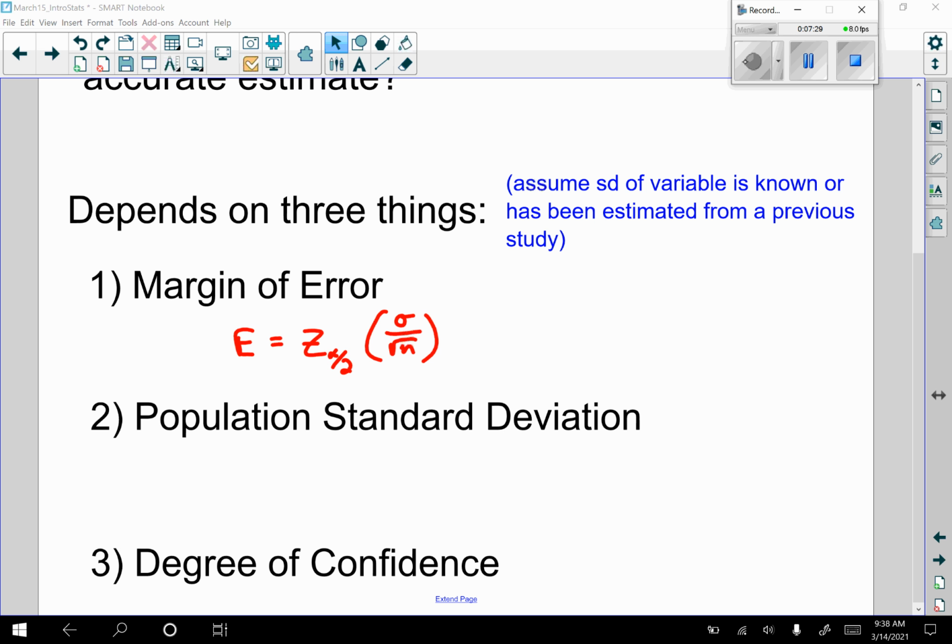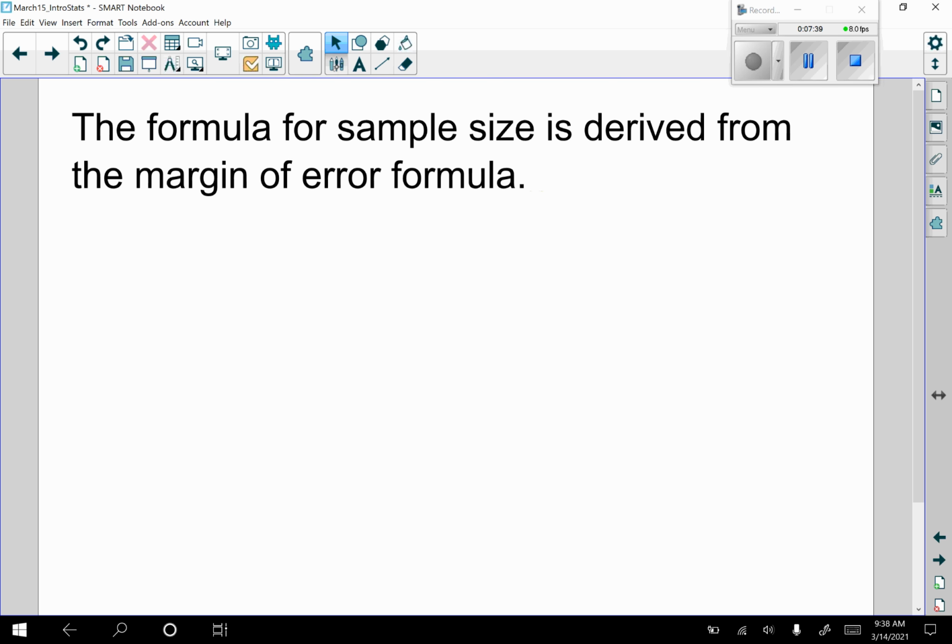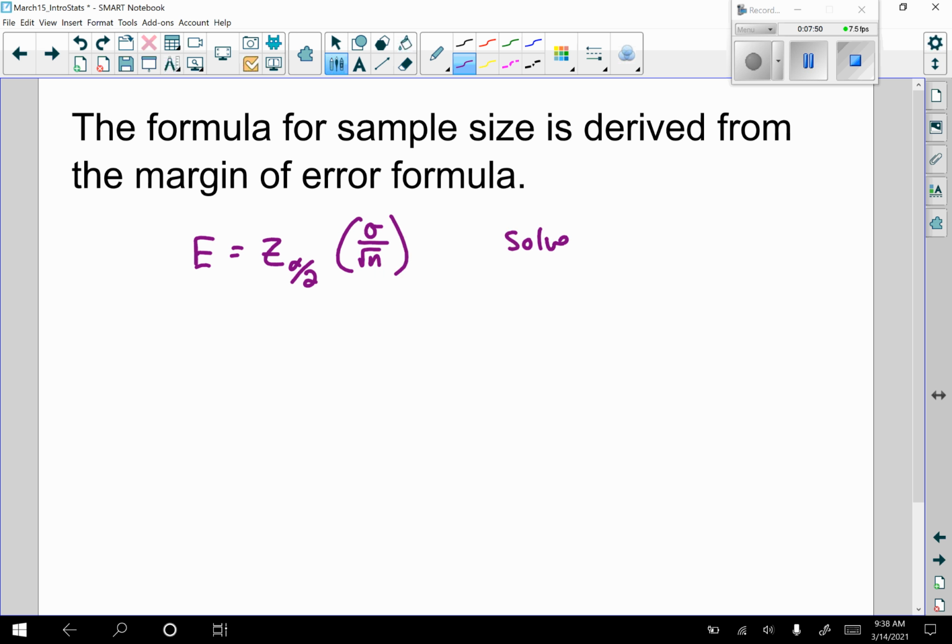So the formula for sample size comes from this formula for the margin of error. But notice our sample size is n, so we just have to rearrange it to solve for n. So what we're going to do first is just multiply both sides by the square root of n.